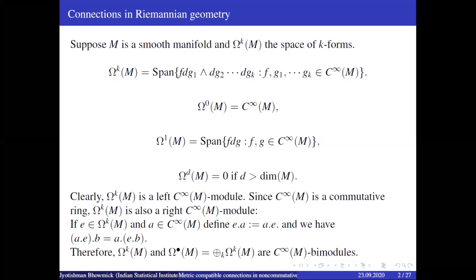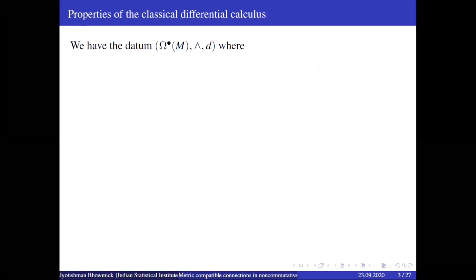So what do we get? If we summarize what we saw here, we get the following. We have a data (Omega^•(M), wedge, d), where d is the de Rham differential, Omega^•(M) is the direct sum of all the k-forms, and wedge is the usual wedge product.